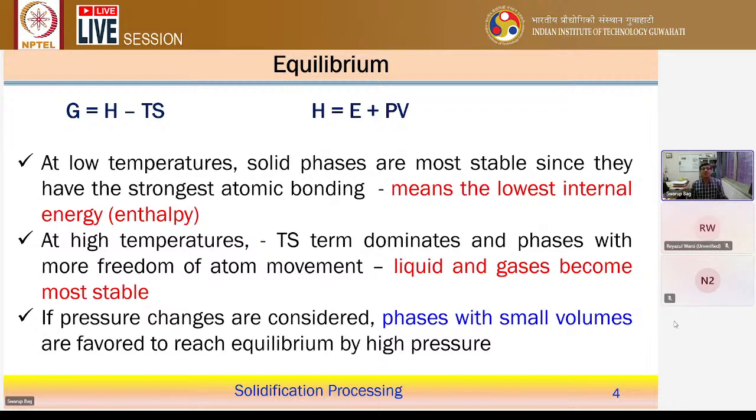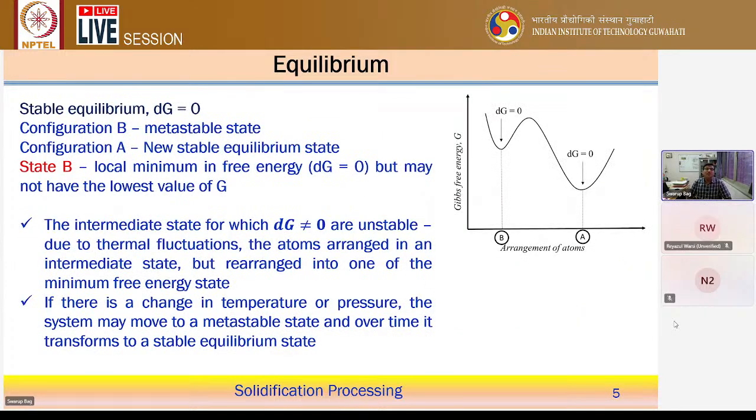These are the typical conditions to reach the equilibrium state, usually at very high pressure, where we reach the small volume phase. So mathematically, stable equilibrium means dG = 0.